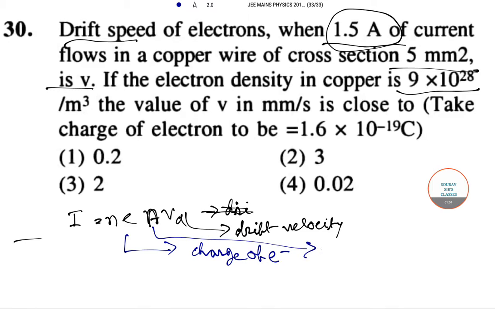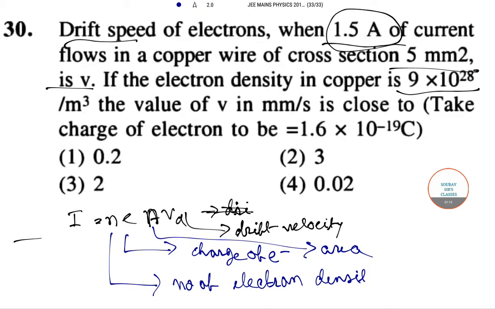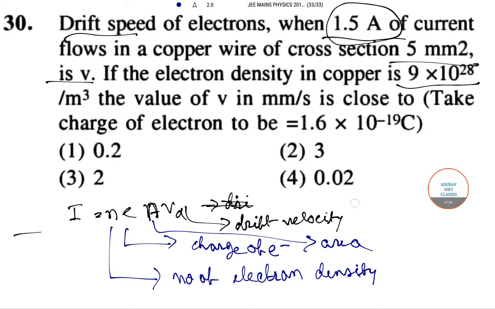A is the area, and N is the number of electron density, which is given in this question.